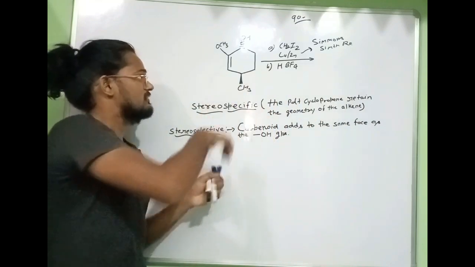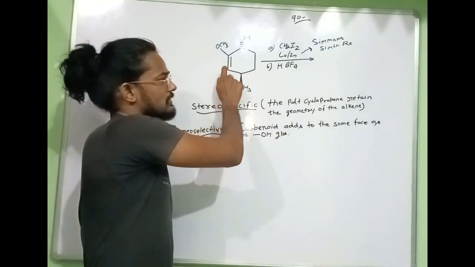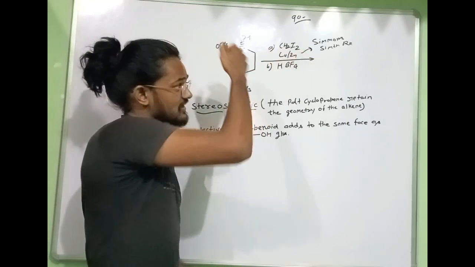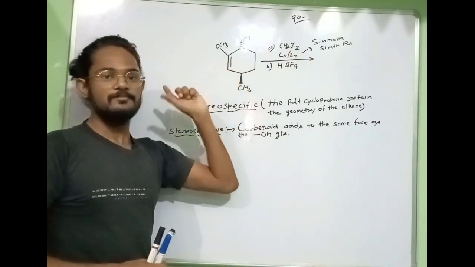This is the reactant, and the product will be found with retention of the geometry of the alkene.